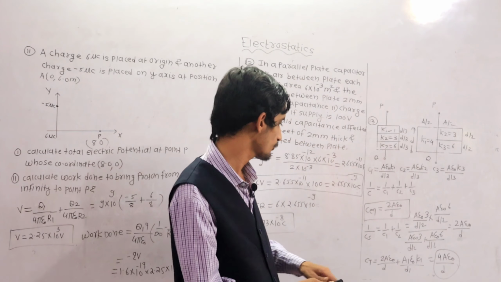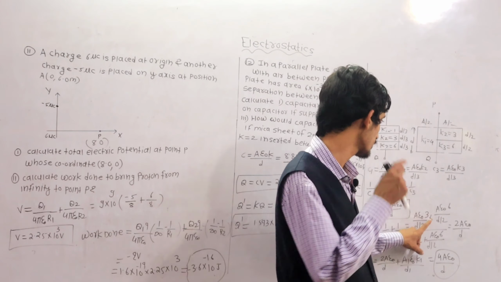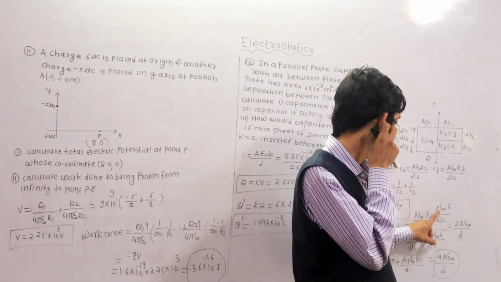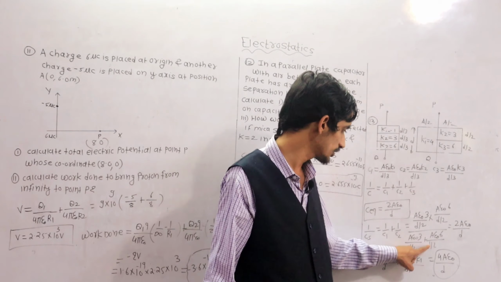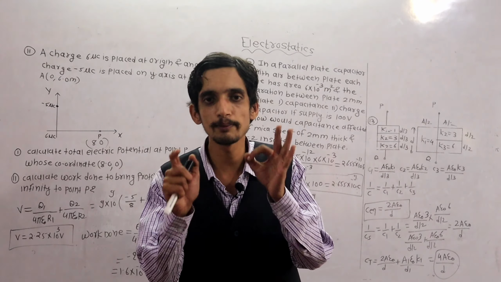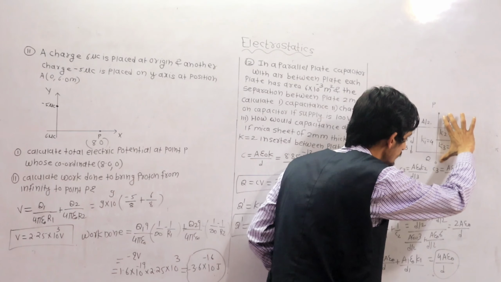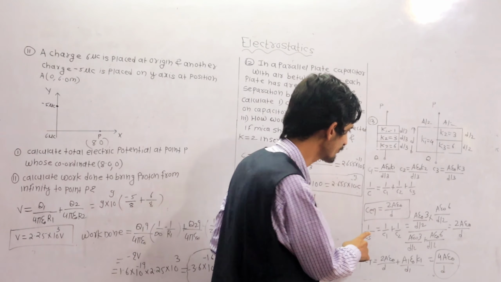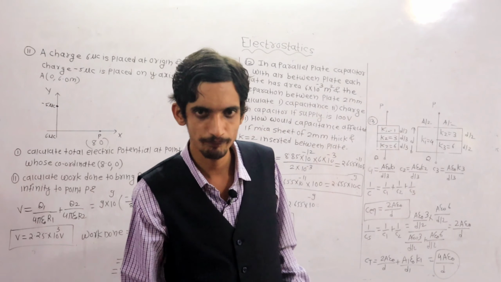So in this case 1 upon CS is 1 upon C1 plus 1 upon C2, which is A epsilon naught K3 by D by 2 into A epsilon naught 6 by D by 2 upon A epsilon naught 3 by D by 2 plus A epsilon naught 6 by D by 2, which is equal to 2A epsilon naught by D. So if you solve this series combination of capacitors, then the equivalent capacitance is 2A epsilon naught upon D. Clear?